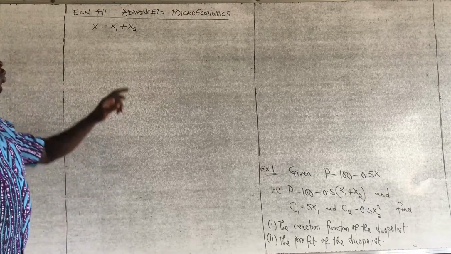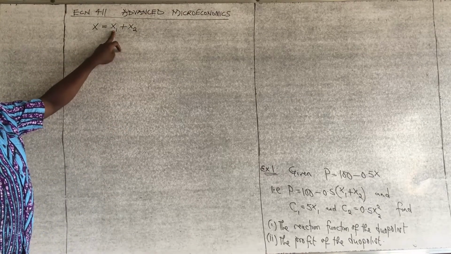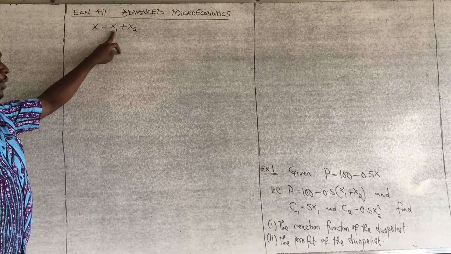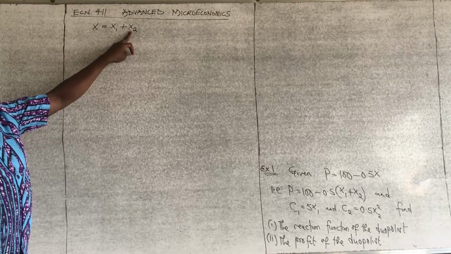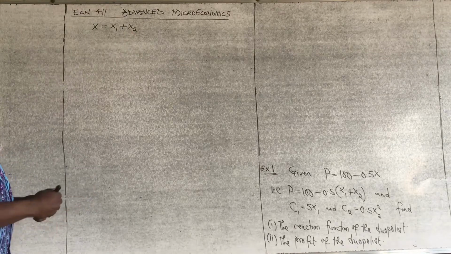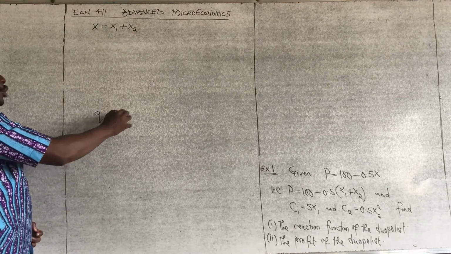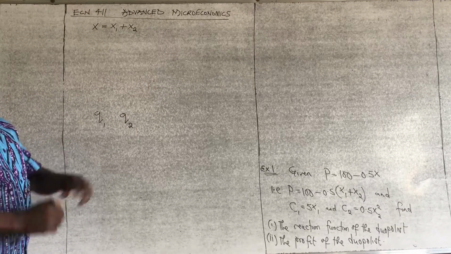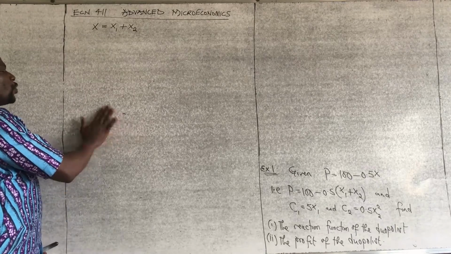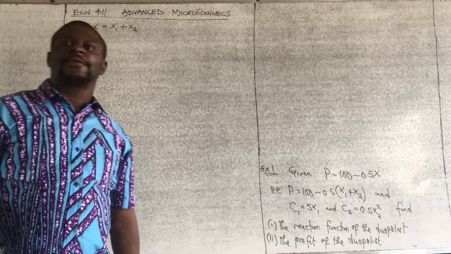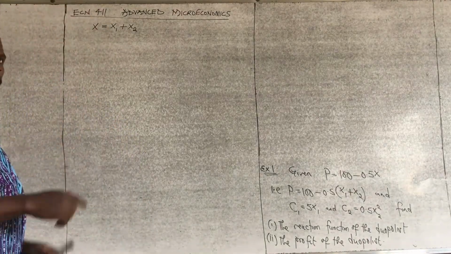That is, the quantity of the first duopolist and the quantity of the second duopolist. Are we together? It's not every time they will use Q1, Q2. At times, the question can use X1, X2. So please don't forget. So what does X represent? Quantity. That's number one.